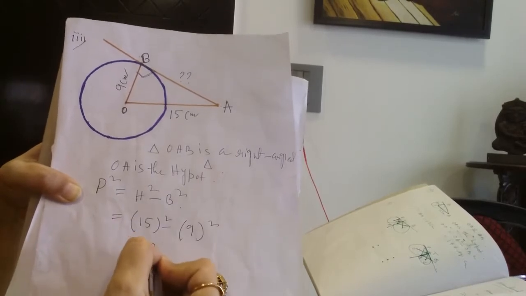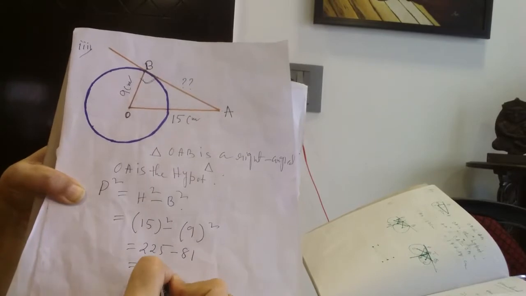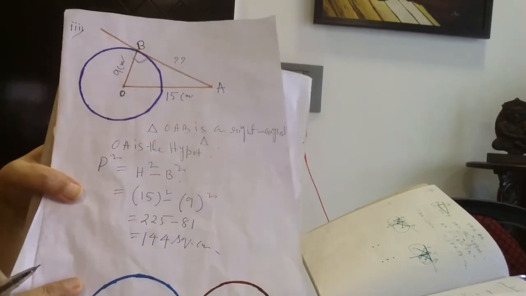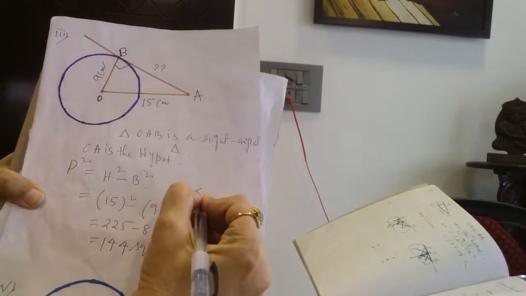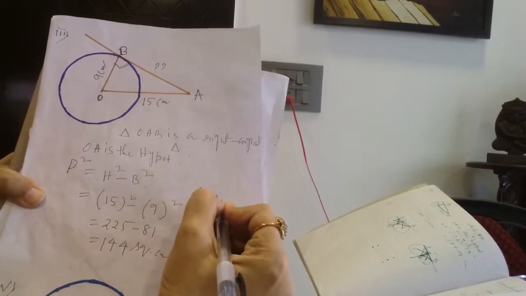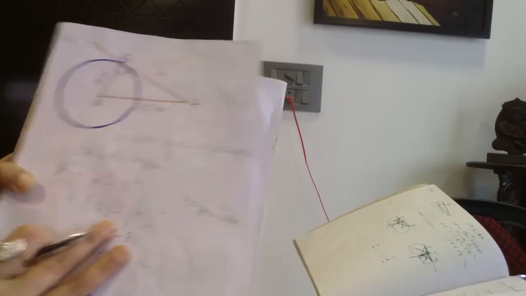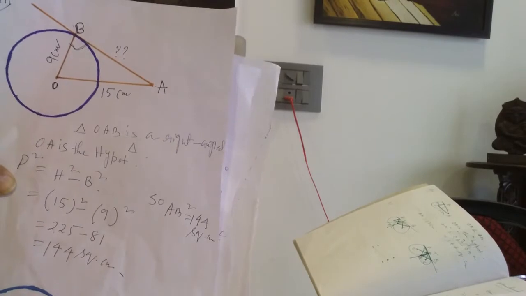15 whole square means 225, minus 81 means 144 square centimeter. Perpendicular square means AB square. So AB square is 144 square centimeter.